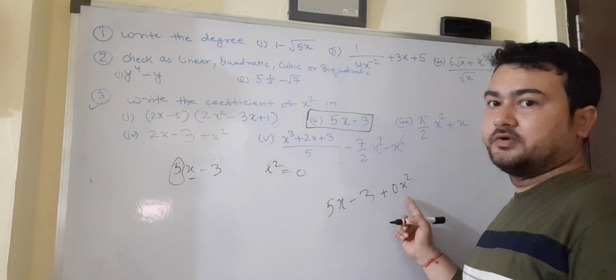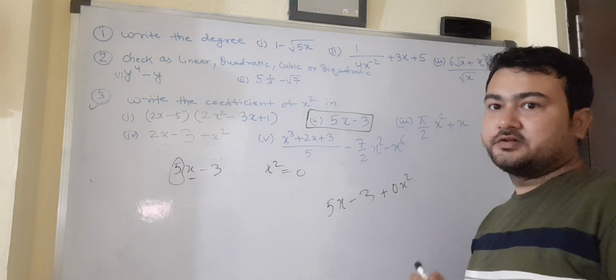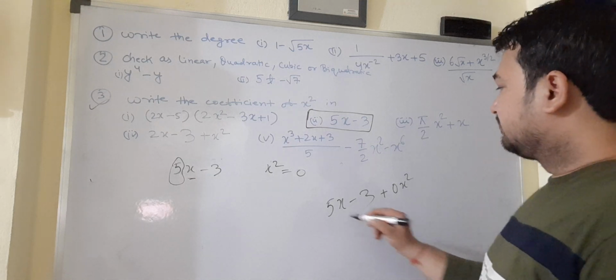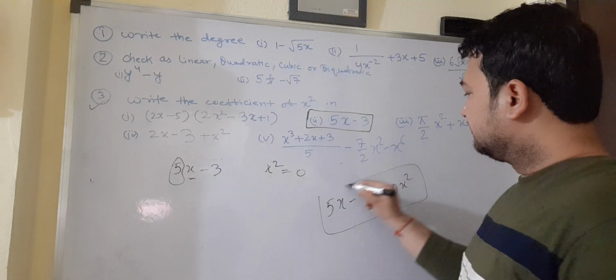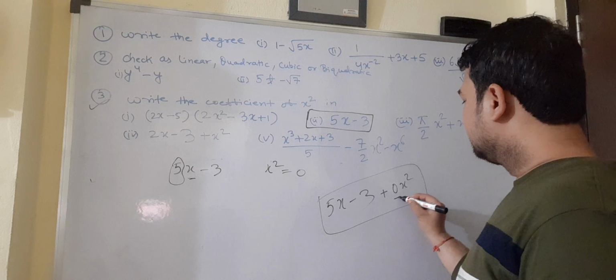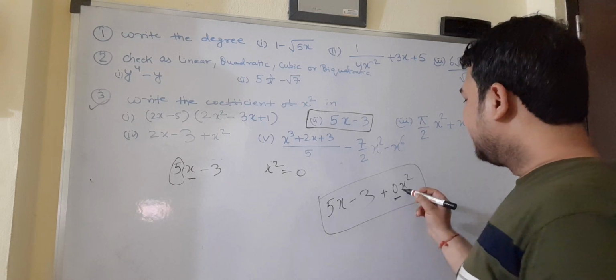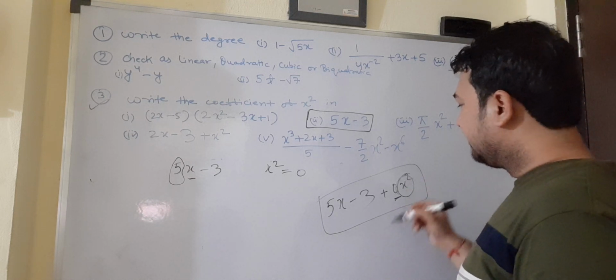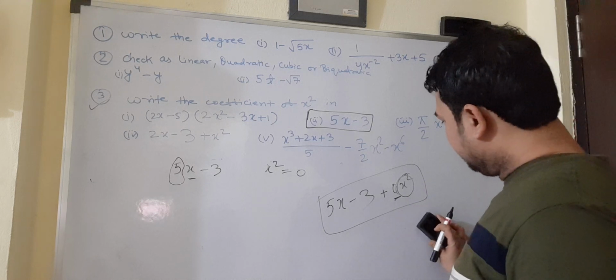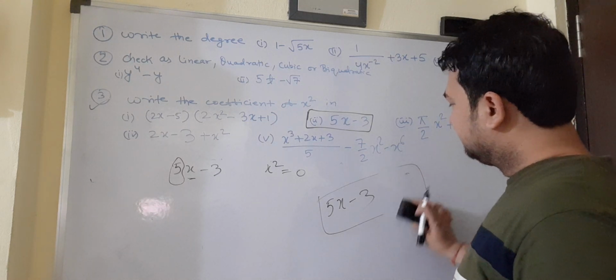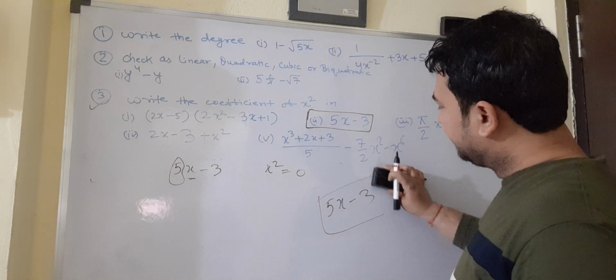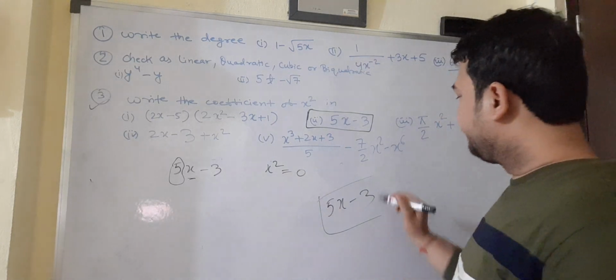Anything multiplied by 0 will be 0, isn't it? So the coefficient of x square is 0. That's why it is not written or included in the given polynomial.